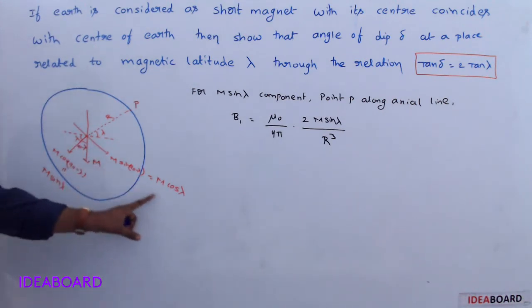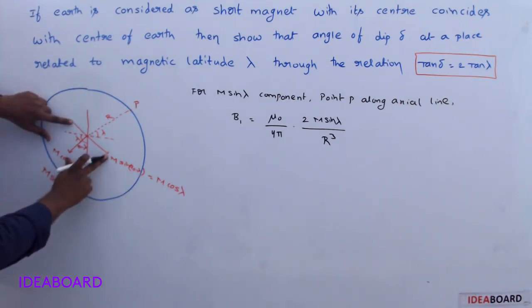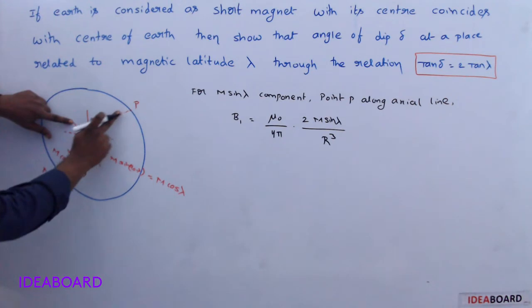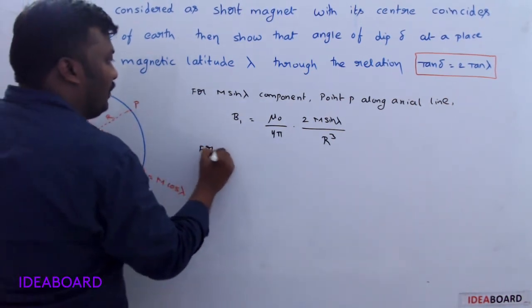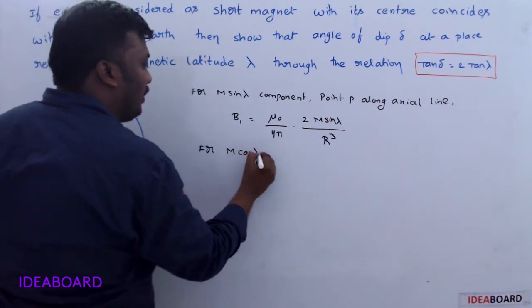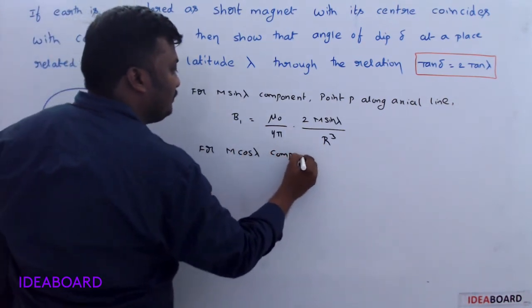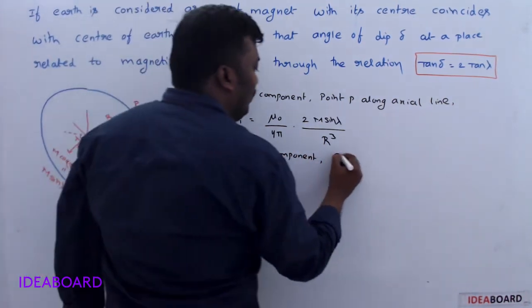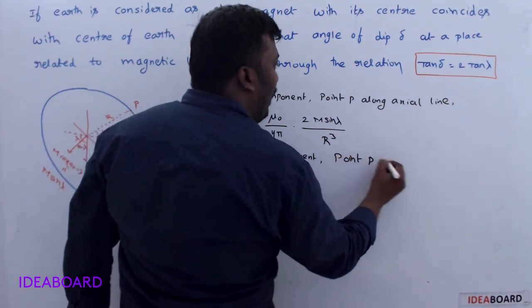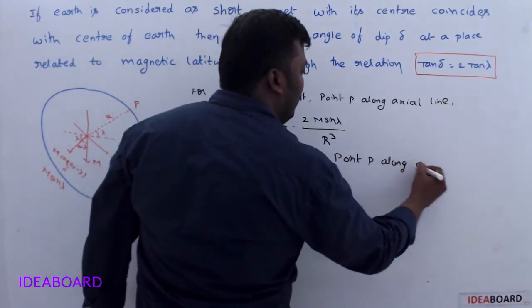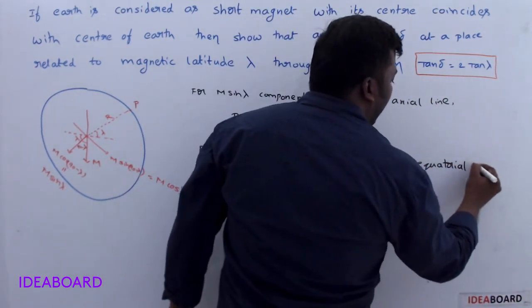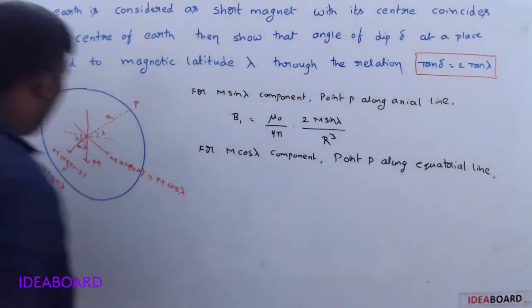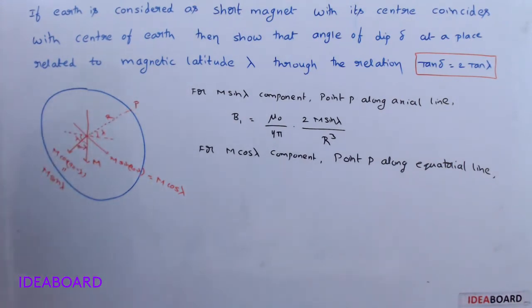Now for the m cos lambda component, point P is along the equatorial line.